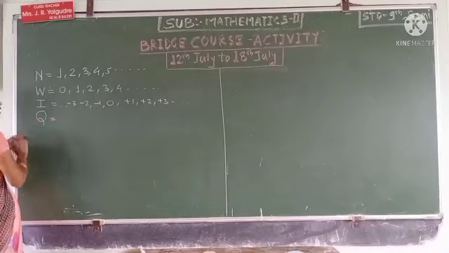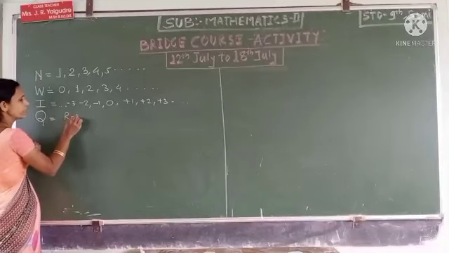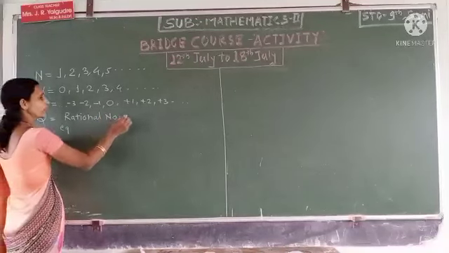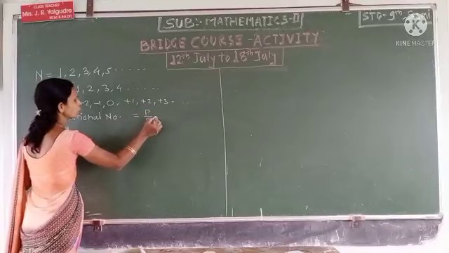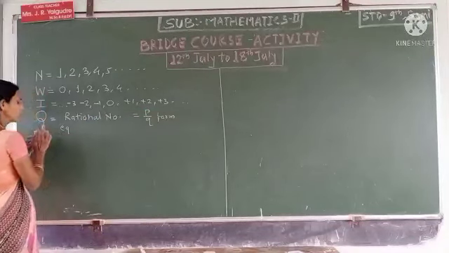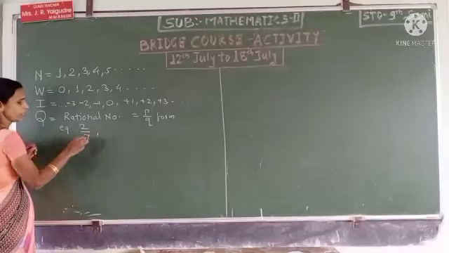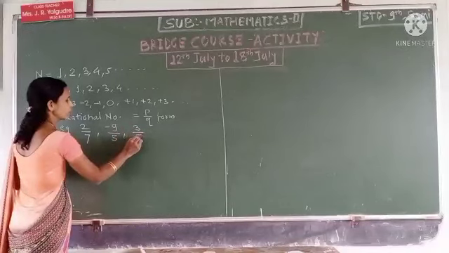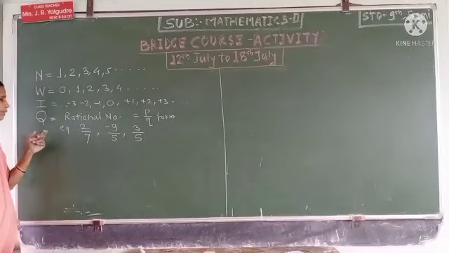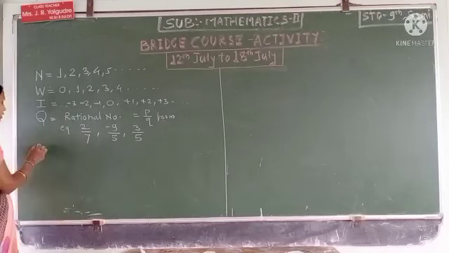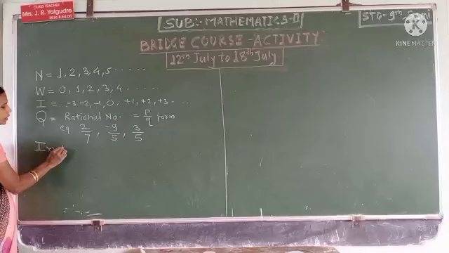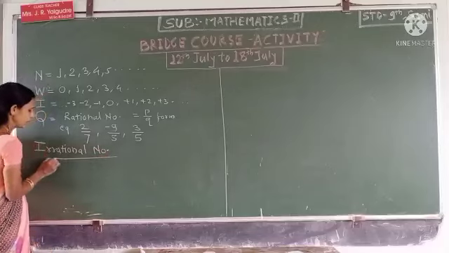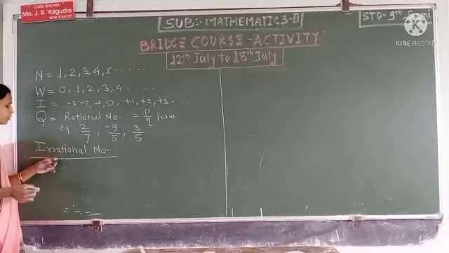One more type is rational numbers. We can write rational numbers in P upon Q form. Examples of rational numbers are 2 upon 7, minus 9 upon 5, 3 upon 5. Then one more type of numbers is irrational numbers, which I have already discussed with you.